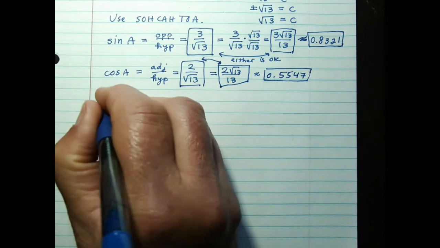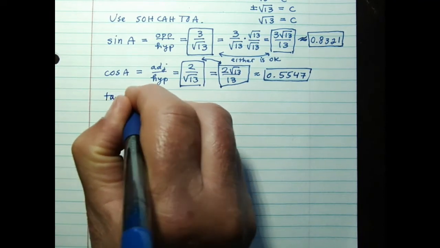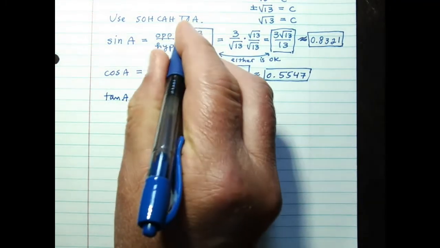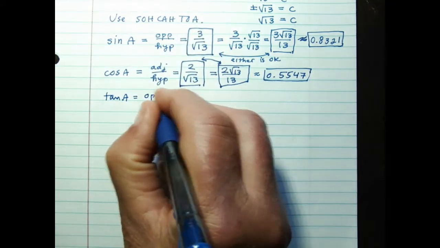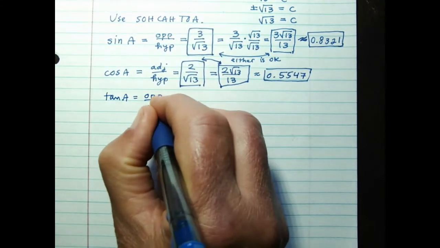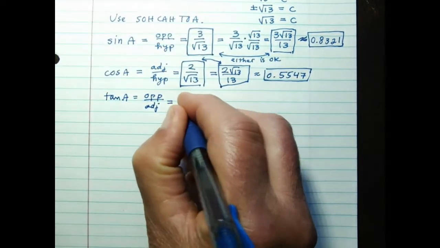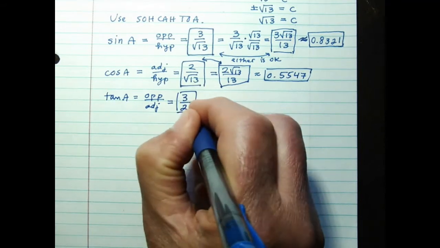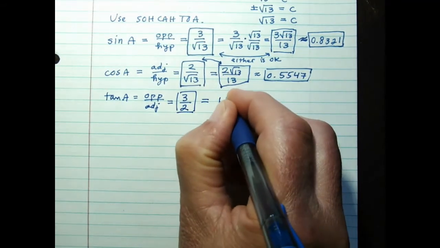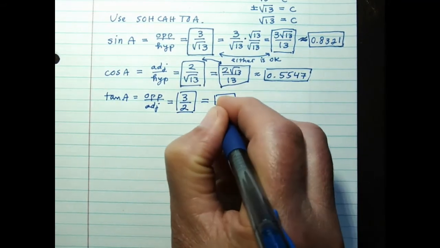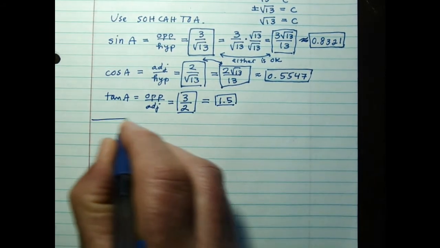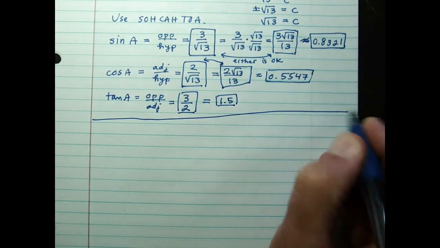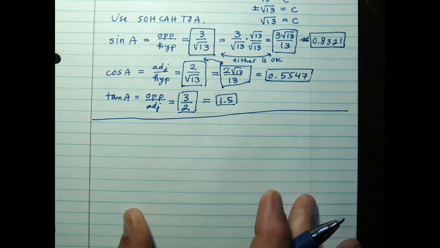And let's see, tangent of A is TOA of SOHCAHTOA, so opposite over adjacent. So opposite to A is 3, over adjacent is 2, that's 3/2. And of course the decimal for that is just 1.5. So there we got the sine of A, cosine of A, tangent of A, those 3 values.